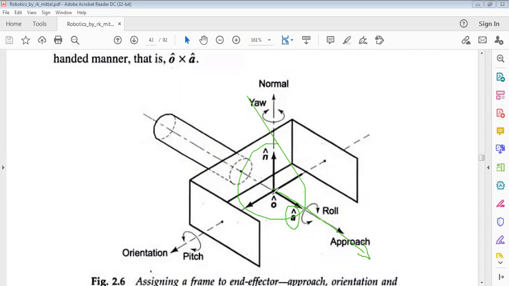Next, along the y-axis, the vector is known as the orientation vector. It is denoted as O cap. This direction along the y-axis is also known as the sliding vector.